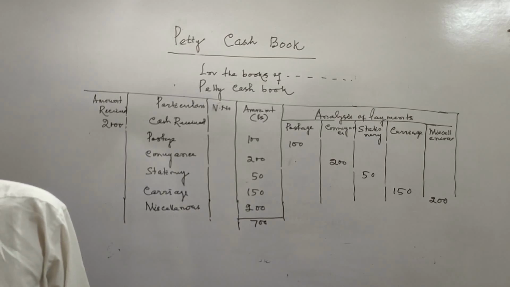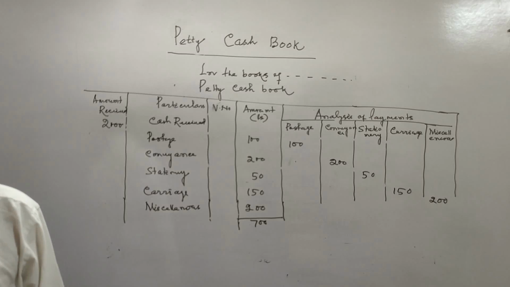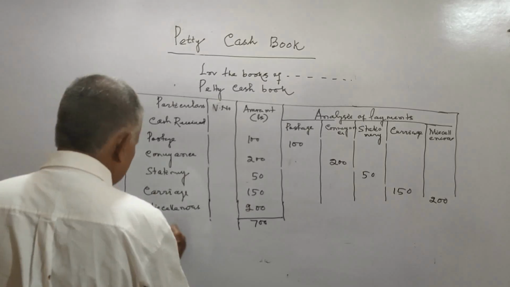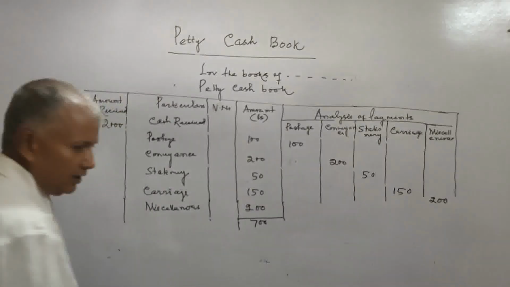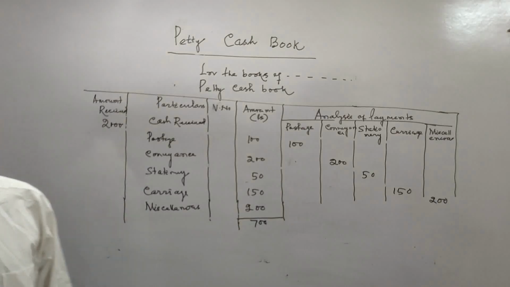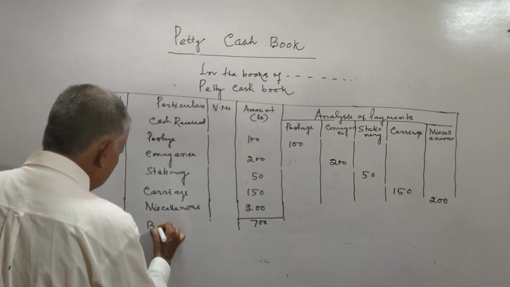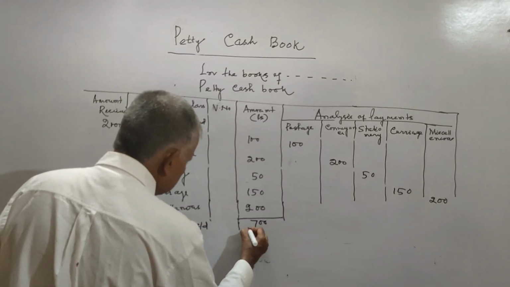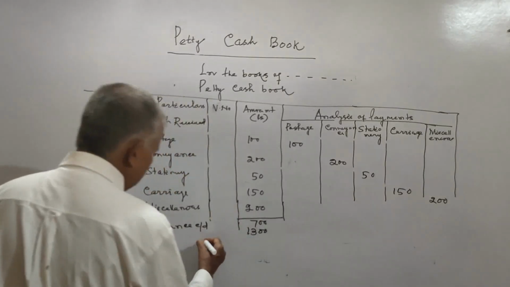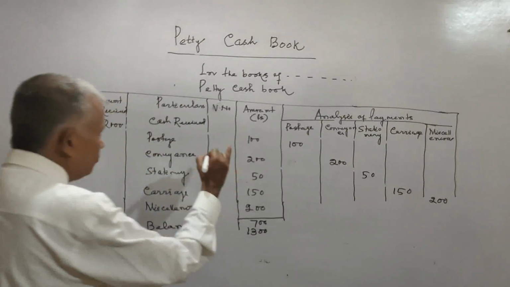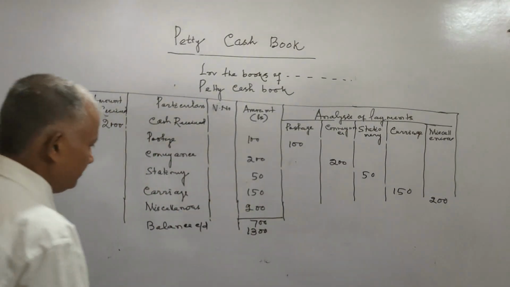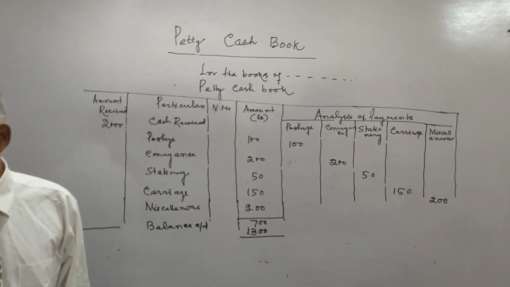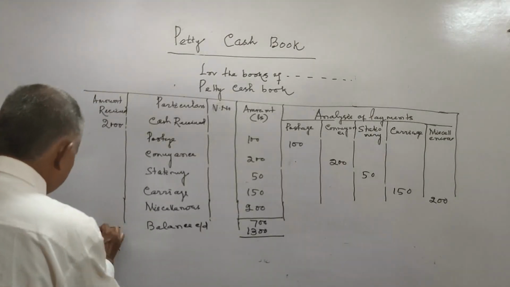Right? Out of the total 700 expenditure, if we see 2000 was there, we can write balance carried down at the end of the period. Balance carried down, this is your 1300, because this is the cash remaining with the hands of petty cashier. So the amount will be here 2000, again 2000.